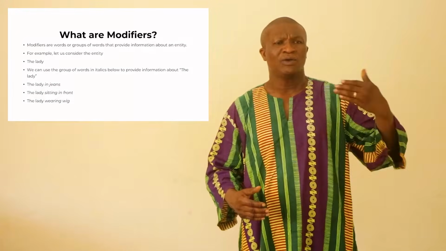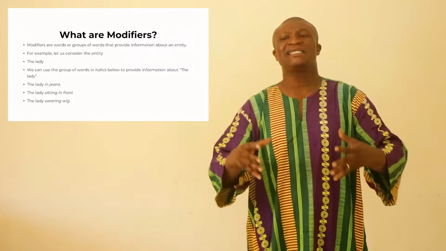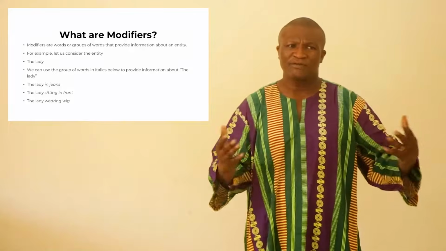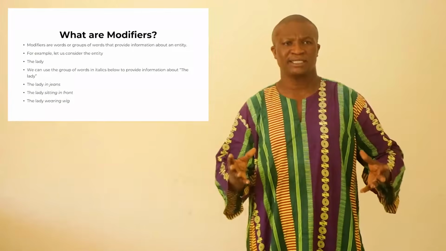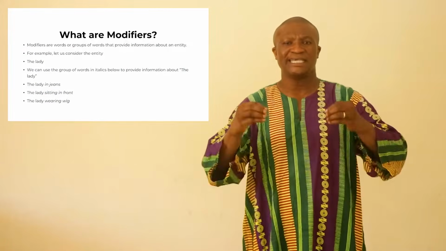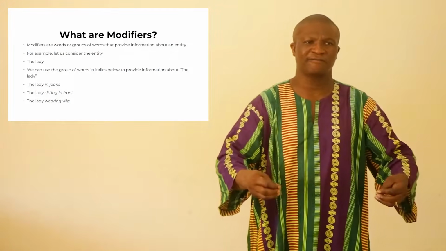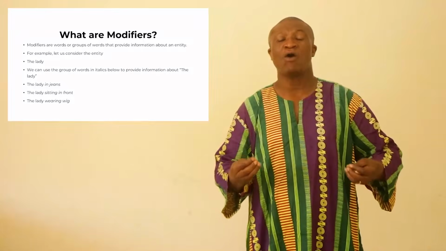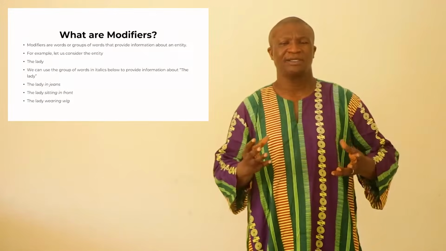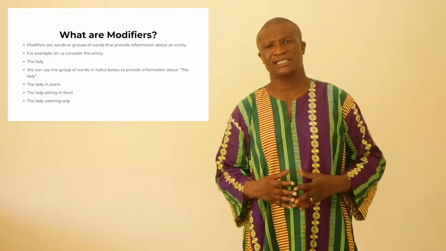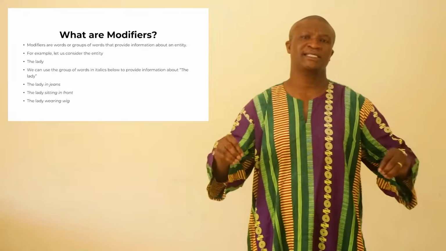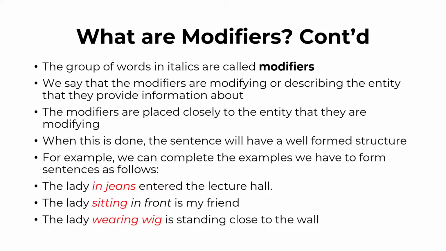Which of the ladies? The lady sitting in front. Which of the ladies? The lady wearing wig. So all these groups of words, in jeans, sitting in front, wearing wig, are all modifiers modifying the lady. Okay?